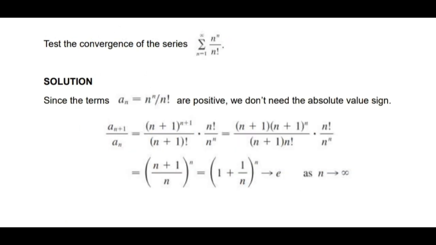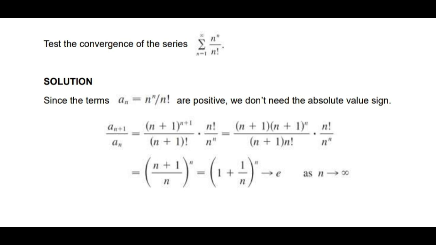Another example is to test the convergence of the series summation of n raised to n over n factorial, as n equals 1. For our solution using the ratio test, since the terms a sub n equals n raised to n over n factorial are positive, we don't need the absolute value sign because it is already positive from the given.